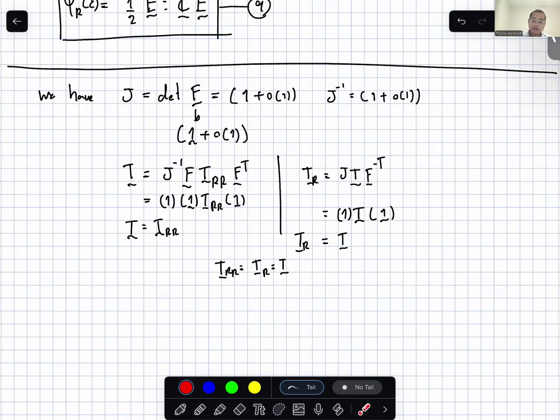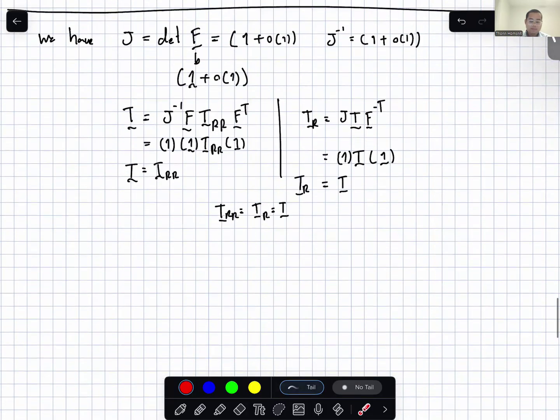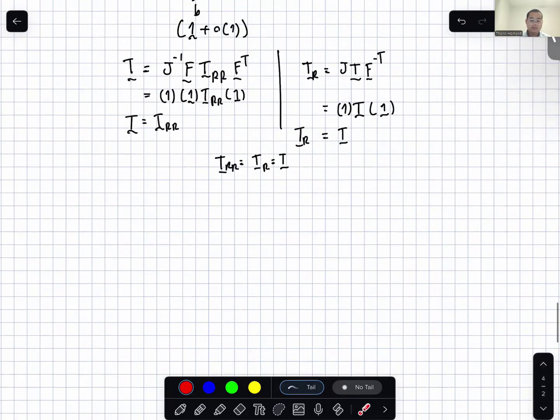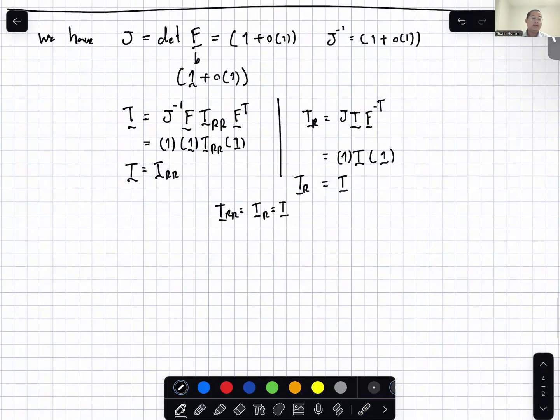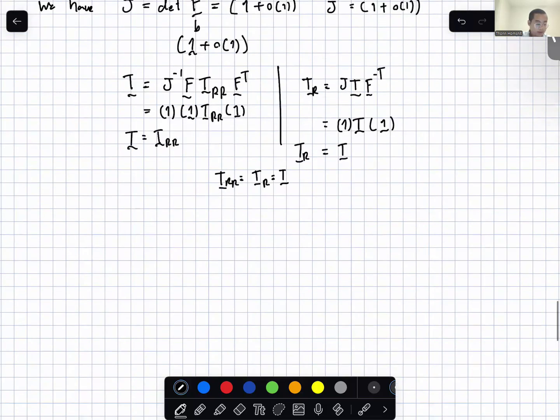If we don't assume that, we cannot make this statement. So we have to keep in mind that this comes from the assumption that the material undergoes small deformation.